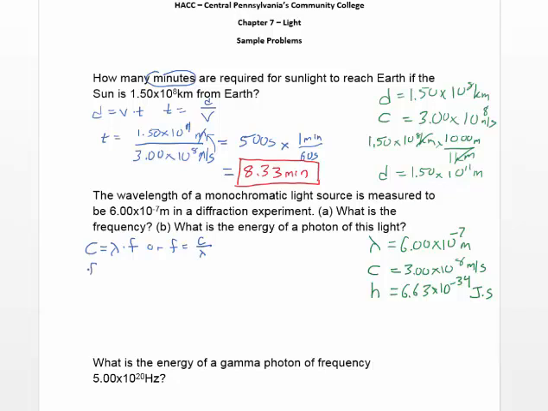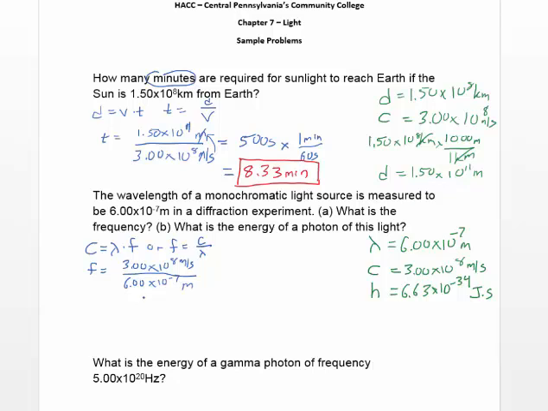So frequency is equal to 3.00 times 10 to the 8th meters per second divided by the wavelength that we have, which was 6.00 times 10 to the negative 7th meters.